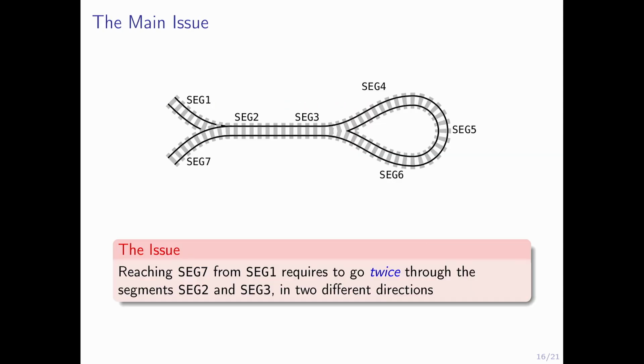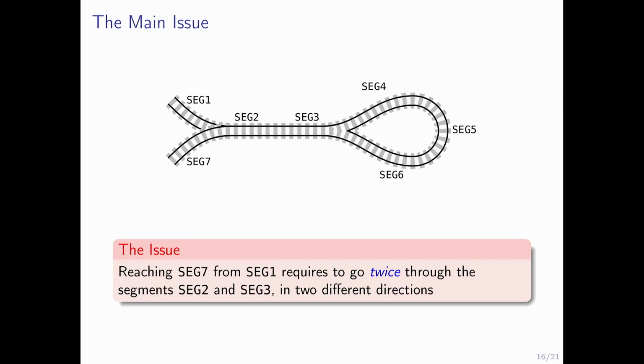for our real network, because it's not as simple as one could think. We need the encoding because if we say we want to reach seg7 from seg1, taking it at face value, you could say you could do seg1, seg2, seg7. But we're using trains, so once the train goes one direction, you cannot go backward into seg7.